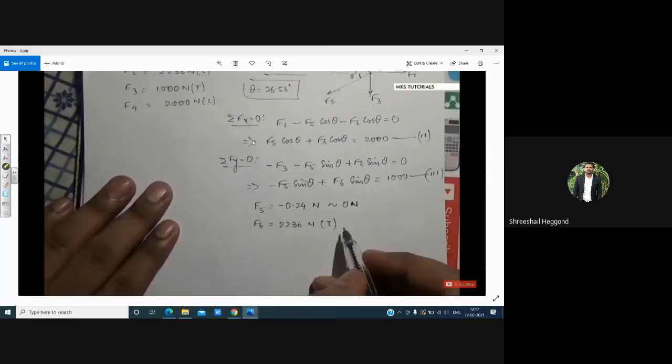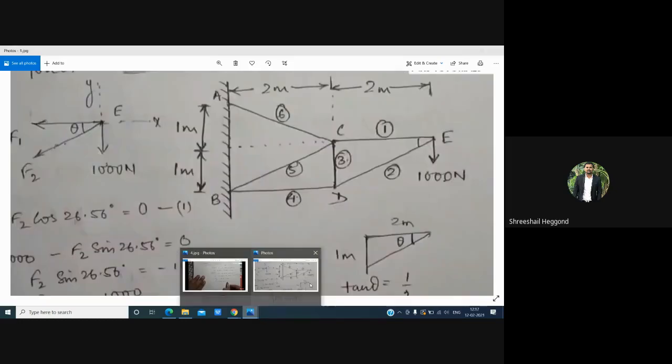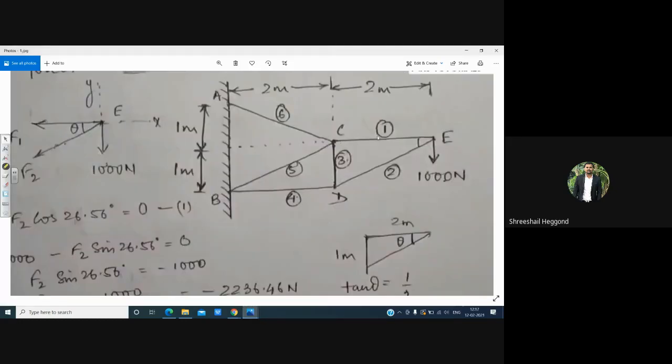Write summation of Fx for C joint. At C joint, summation of Fx equals F1 plus F6 cos theta and F5 cos theta, whereas these two will be negative and F1 will be positive.